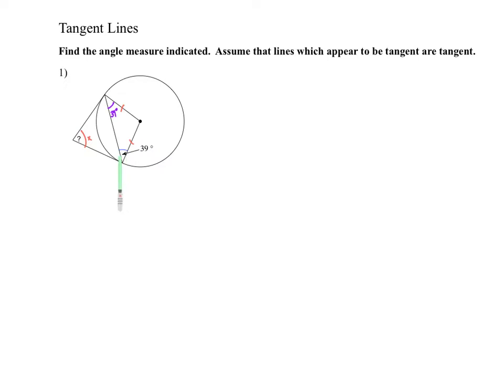By using the triangle angle sum theorem, I know that this angle right here is 102, because 102 plus 39 plus 39 equals 180.